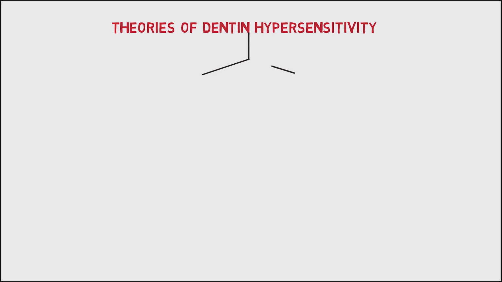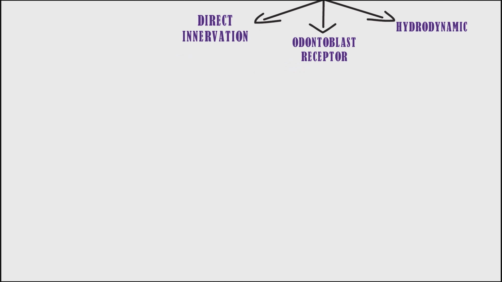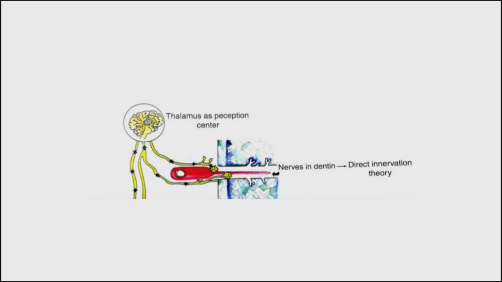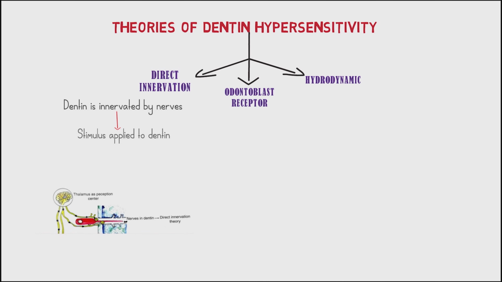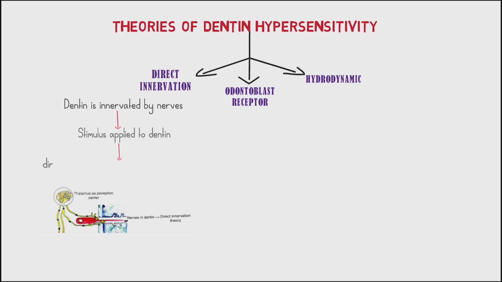Much has been learnt about dentin hypersensitivity since it was first documented by Blum. Three main mechanisms of dentin sensitivity have been proposed: direct innervation theory, odontoblast receptor theory, and fluid movement or hydrodynamic theory. Direct innervation theory is one of the early and most obvious hypotheses, which states that dentin is innervated by nerves and therefore whenever any stimulus is applied to the dentin, nerves are directly triggered and elicit a response.